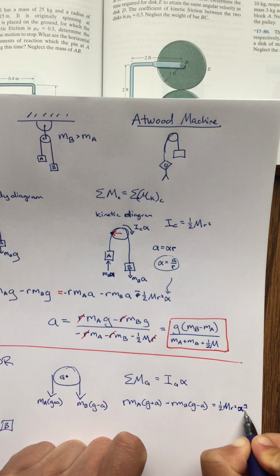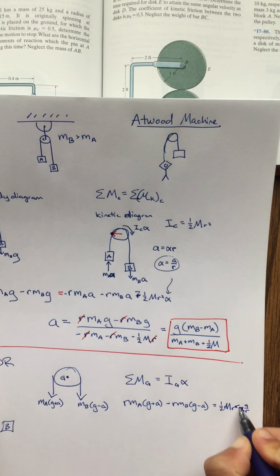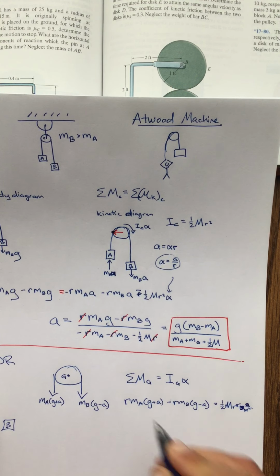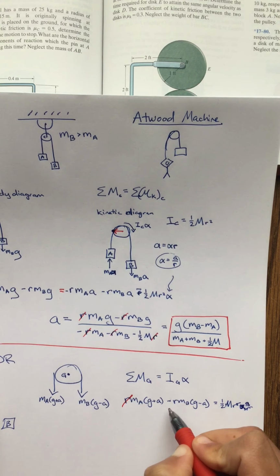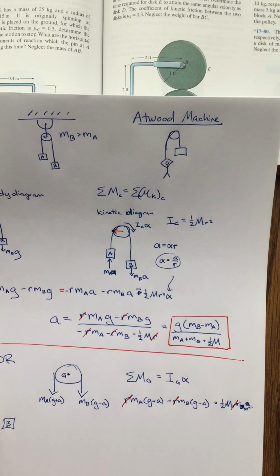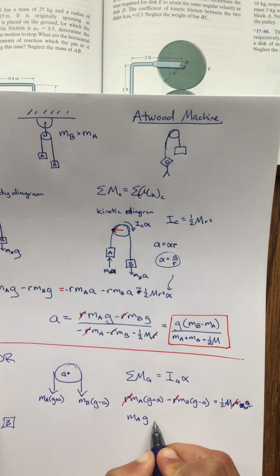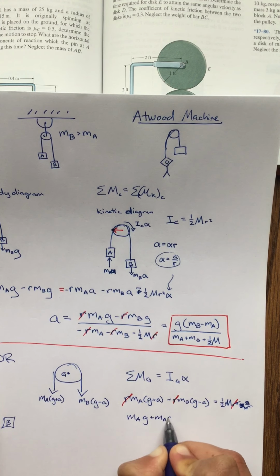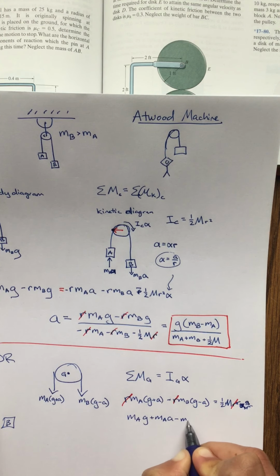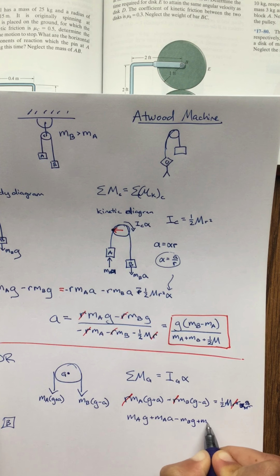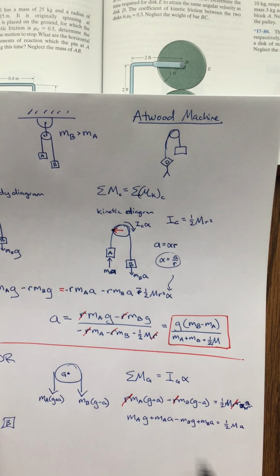Alpha, though, is a over r. So let's do that instead. And then this. And that cancels. It's an a. And then, well, I have an r here, here, and here, so those all cancel. And then if I solve this for a, let's see, this would be m_A times g plus m_A times a minus m_B times g plus m_B times a is equal to 1/2 the mass times a.